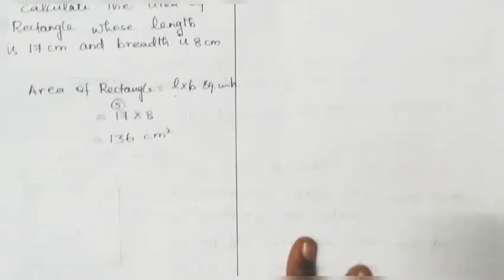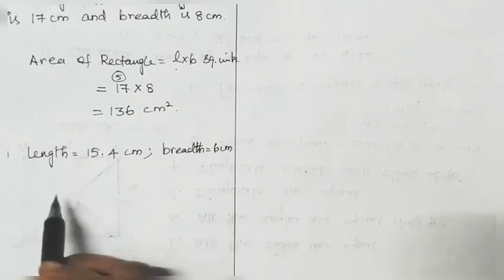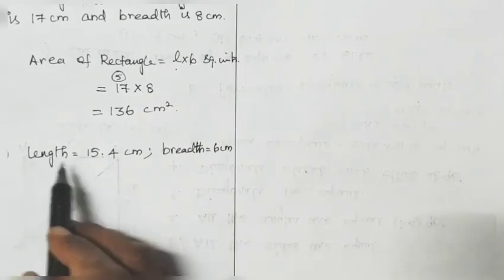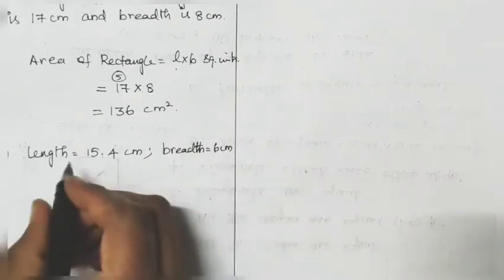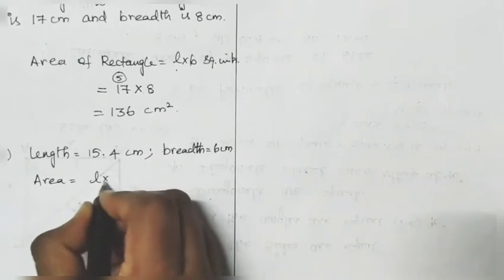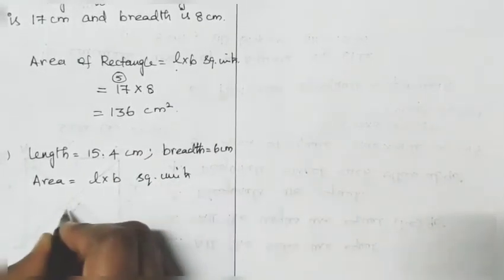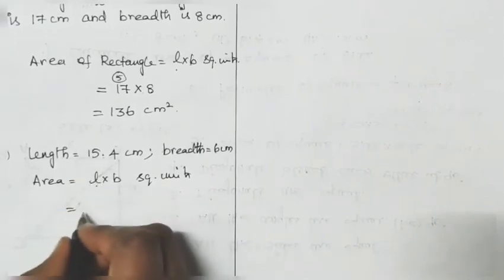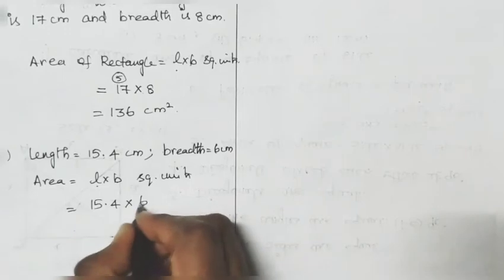So we'll see one more problem. Now listen to this subdivision. They have given length is 15.4 centimeter and breadth is 6 centimeter. So area, we know the formula is L into B square units. So L is length 15.4 into breadth 6.